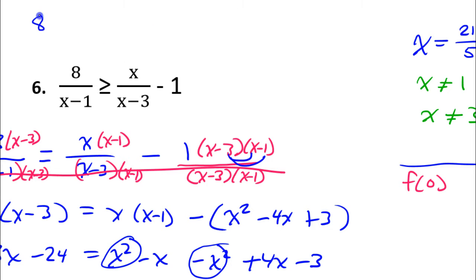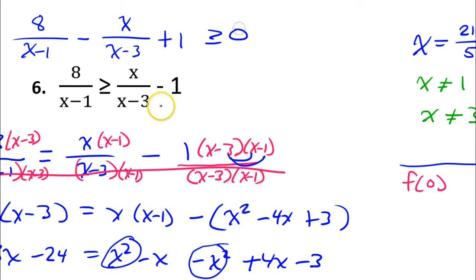For starters, I have the 8 over x minus 1 that didn't move. Now here comes the x over x minus 3, but now it's going to be minus x over x minus 3 because I subtracted this from both sides. Now here comes the -1, but now it's going to be plus 1 because I added it to both sides.